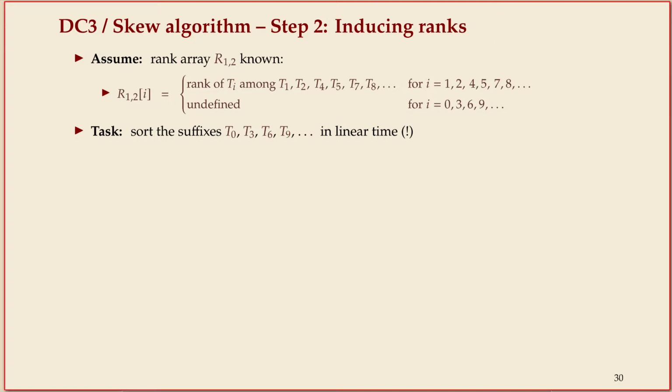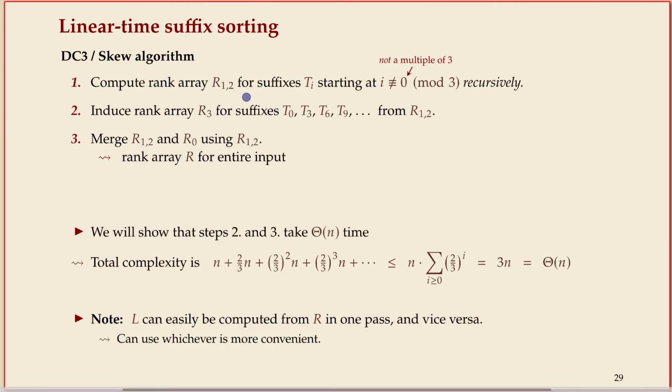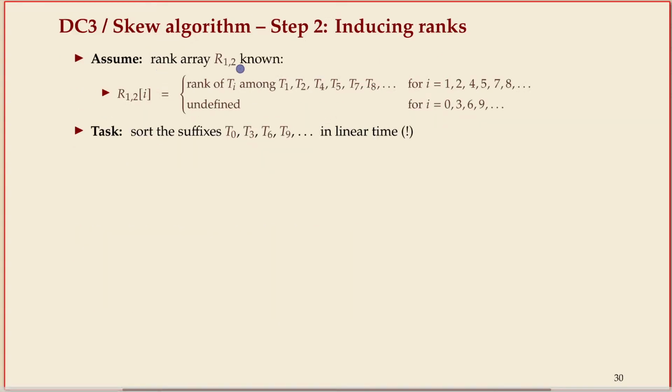So the second step, again, remember, we've computed this R12, and now we want to get R3 out of it. R12 is known. For every suffix whose starting index is not a multiple of 3, we know the rank. And by comparing the ranks, we can in constant time decide which of these two suffixes comes earlier in alphabetic order. For all the others, we don't know anything so far.